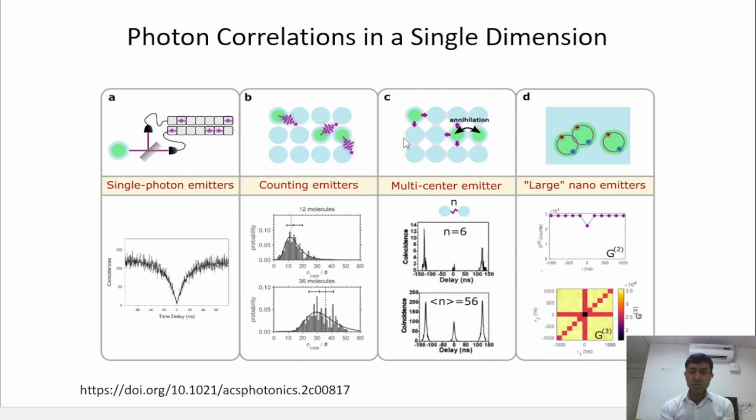Next one is about a complex emitter that has multiple emissions and multiple emission centers. So excitations from these emitters can jump from one center to another center.